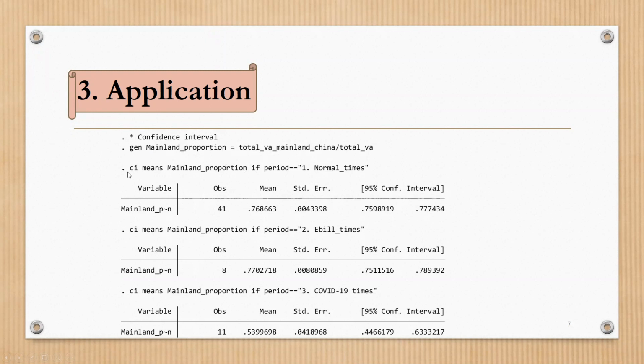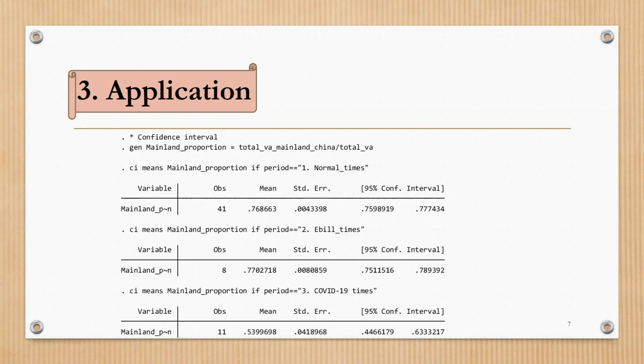Then next, we type ci, which refers to confidence interval, then means, and then the variable of interest. Right now, we're interested in this newly created mainland proportion variable. First of all, we want to look at when period equals 1, normal times. You type this code, and then we have a small table here. Here we can see that during the normal times period, the average mainland proportion is 0.768663.